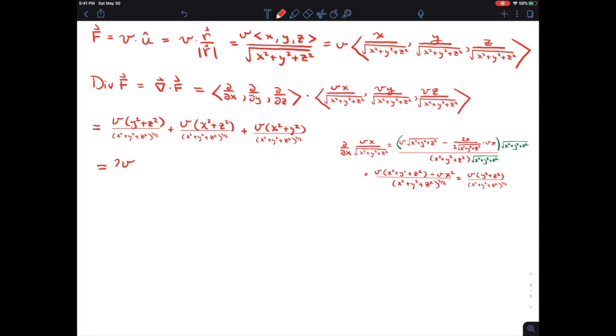So if you put a 2v out front, there will be the x squared plus y squared plus z squared to the first, and then it's over the same thing to the 3/2 power. Which I think is just 2 times the speed of the fluid flow over the square root of x squared plus y squared plus z squared. So that's the divergence of this field.